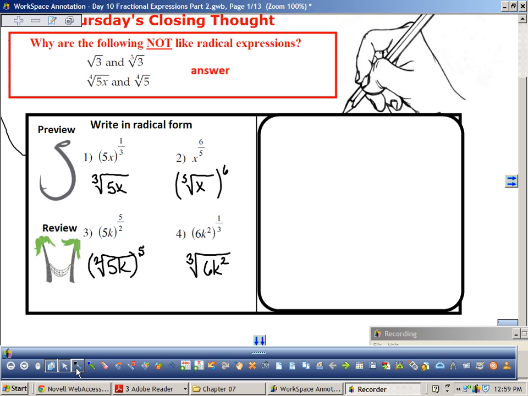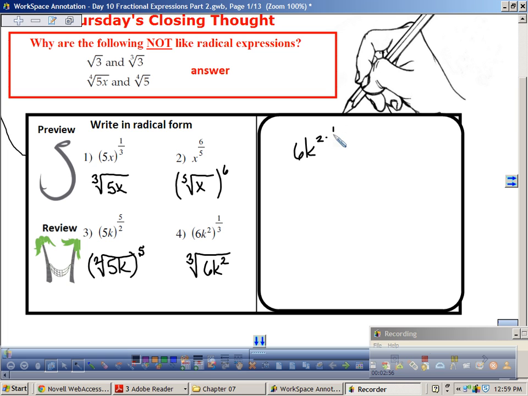You're saying that if it was 6k squared to the 1/3, like this. The difference, the parentheses, this is a good question. The parentheses tells me not only is k squared 1/3, but so is 6. Without the parentheses, I wouldn't know that 6 is also 1/3.